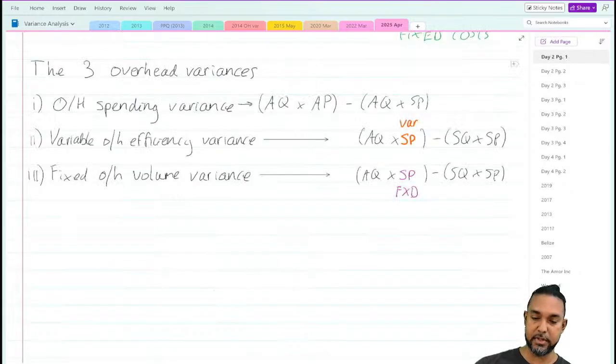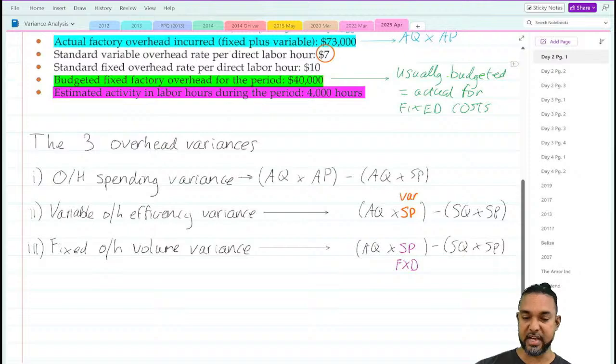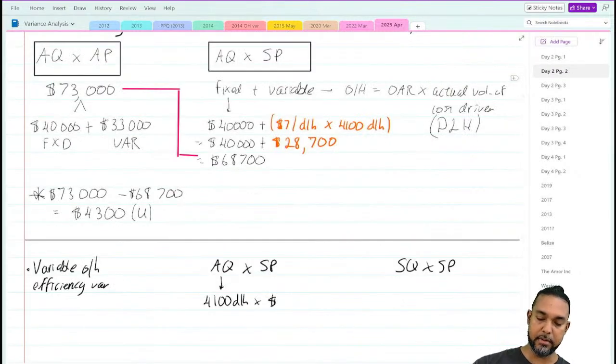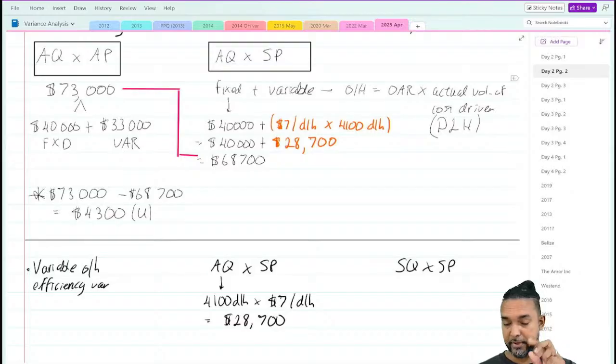As the question said, just below the blue line, the second bullet point, standard variable OAR was $7. So multiply by $7 per direct labor hour, that's 28,700. So we already had that piece up here.